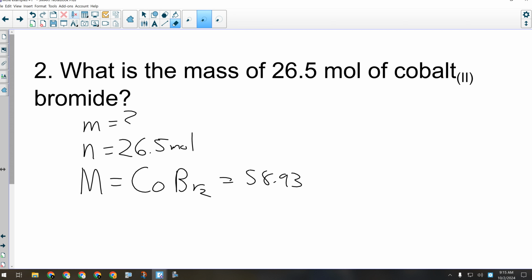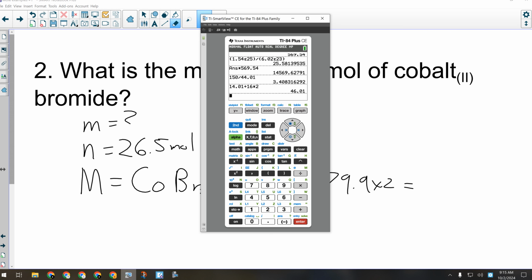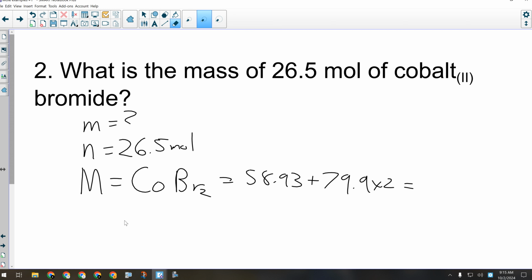There's only 1 cobalt, so I don't need to multiply that by anything, but I do need to add it to 2 bromines, so that'll be 79.9 times 2. 58.93 plus 79.9 times 2. All right, so 218.73 grams per mole.